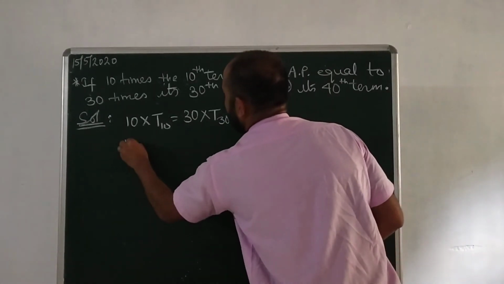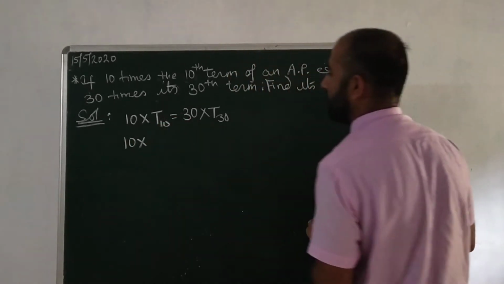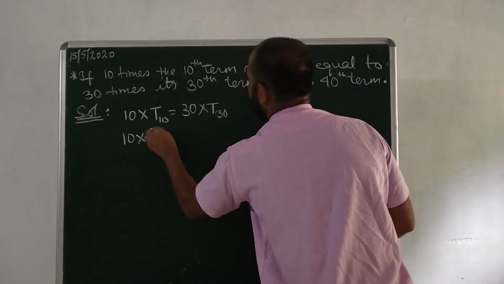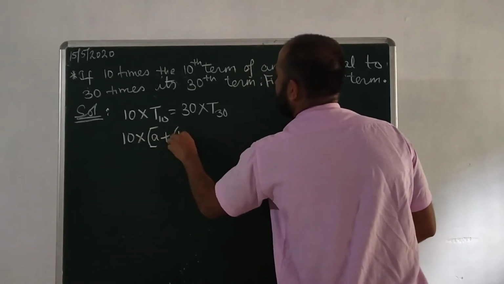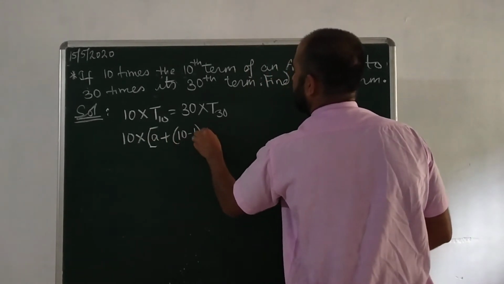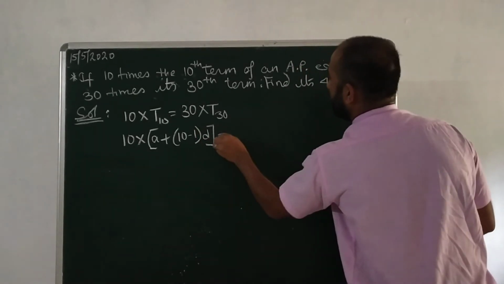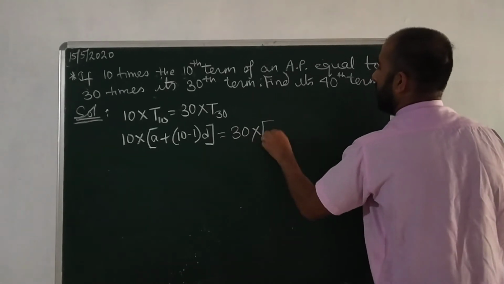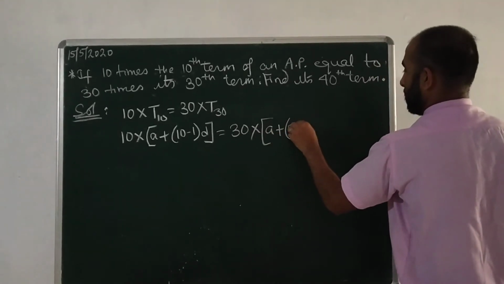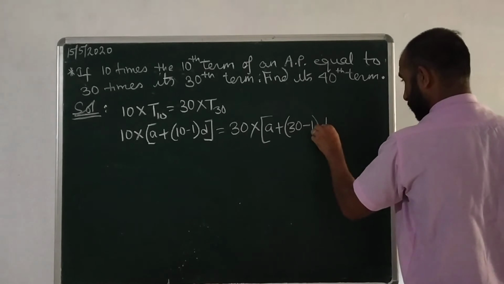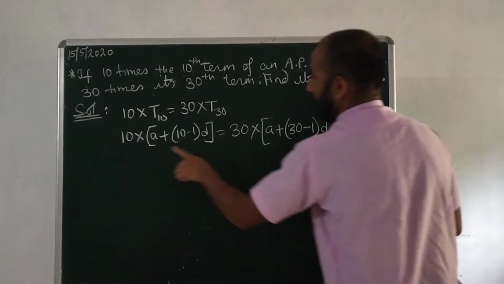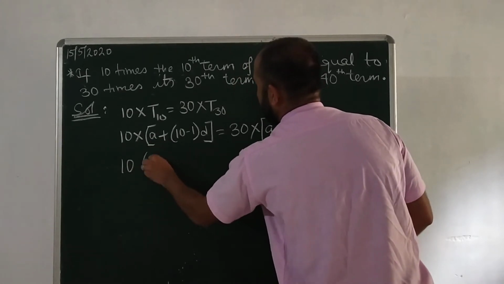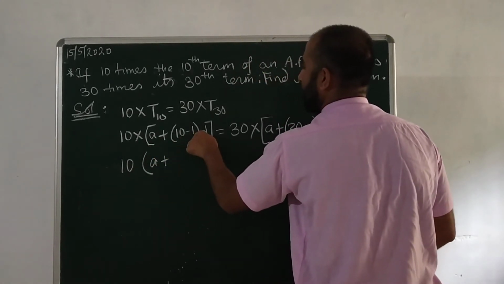Okay. So 10 into, let's put the T10 term formula, A plus (10 minus 1) D, which is equal to 30 times T30, A plus (30 minus 1) into D. That means 10 into A plus (10 minus 1), that is 9D.